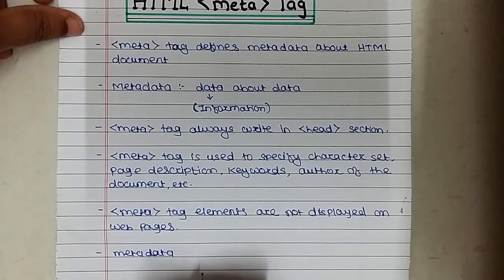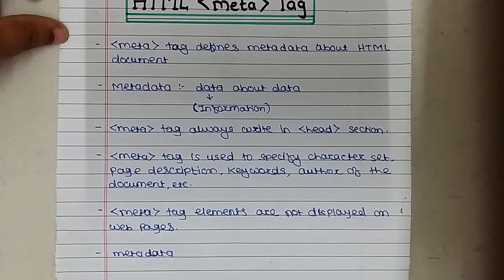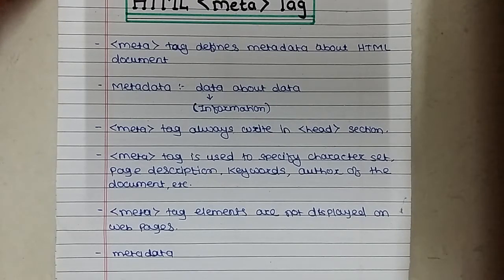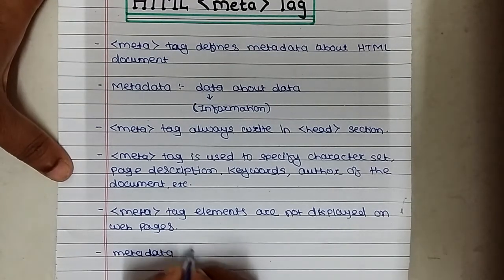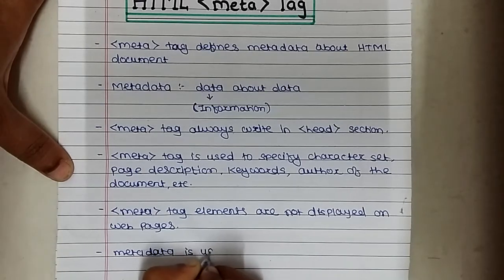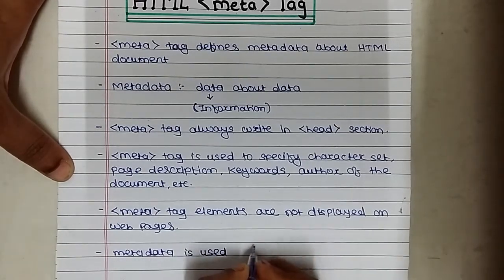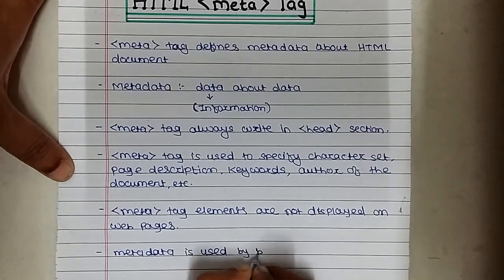Then what is the purpose of designing this meta tag? Metadata is for data of the HTML document. Metadata is used by browsers, search engines and other web services. How is this metadata used by browsers?